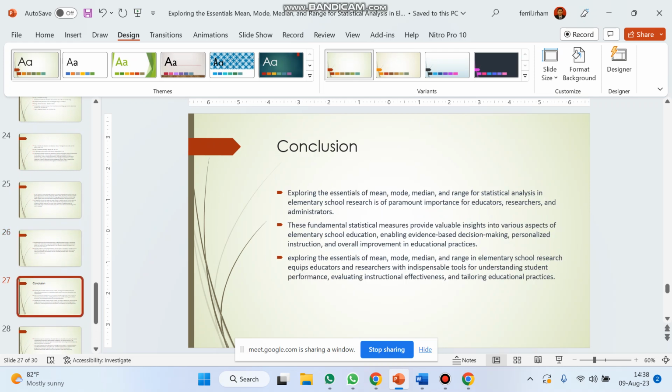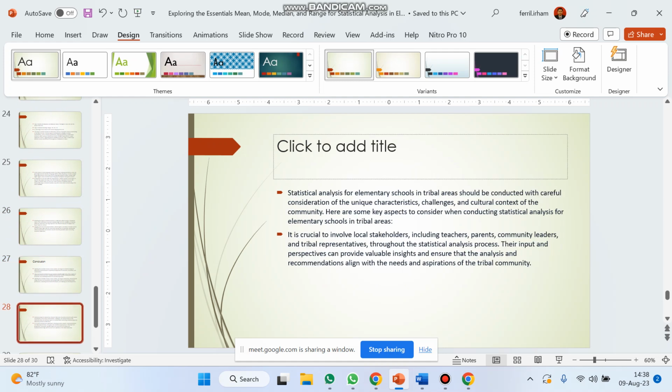So in conclusion, exploring the essentials of mean, mode, median, and range for statistical analysis in elementary school research is of paramount importance for education researchers and administrators. Exploring this should help in tailoring educational practice.